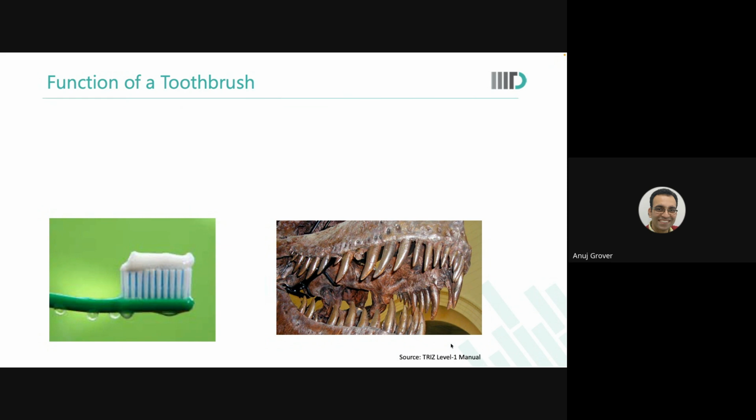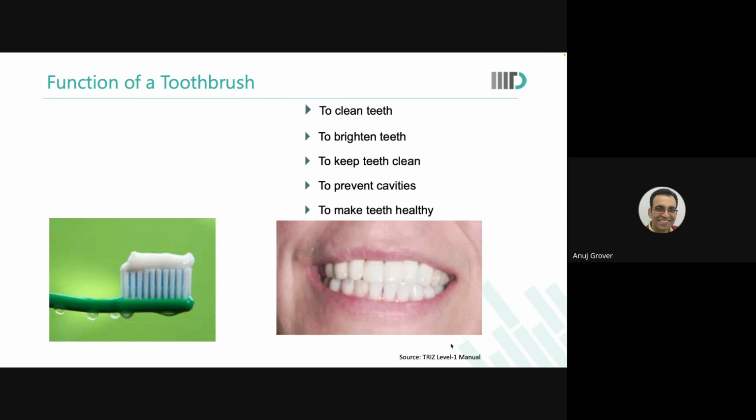To clean teeth, to brighten teeth, to keep teeth clean, to prevent cavities, to make teeth healthy, all that. None of them is the right function. So what is the right function? To remove plaque, to remove food, all of that from the teeth.